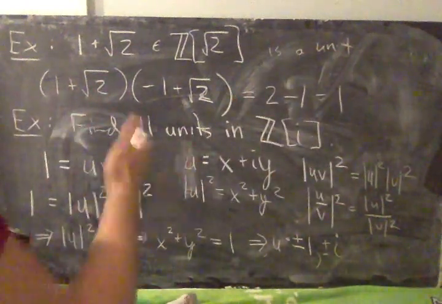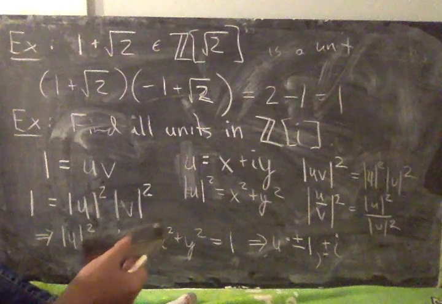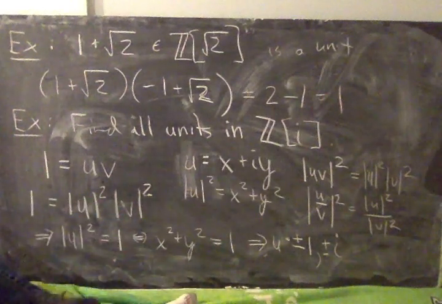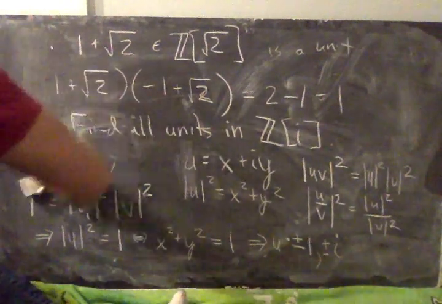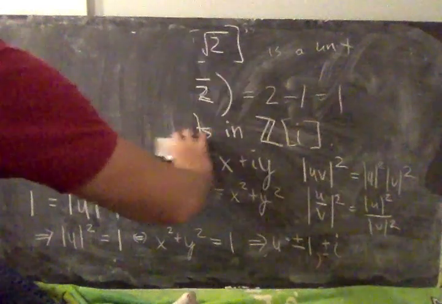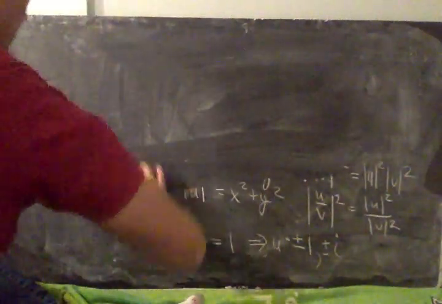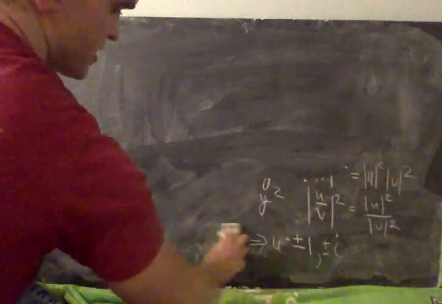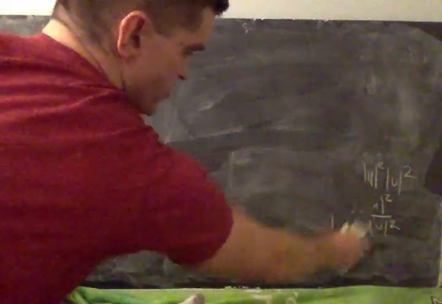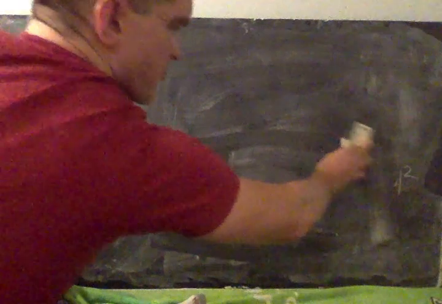So that equation says both i and negative i are units. So those are all the units in the Gaussian integers. So now we know all of the units in the regular integers, in polynomials over a field, and in the Gaussian integers.